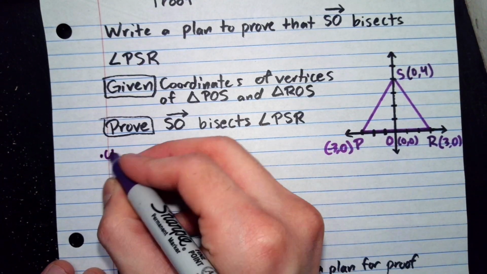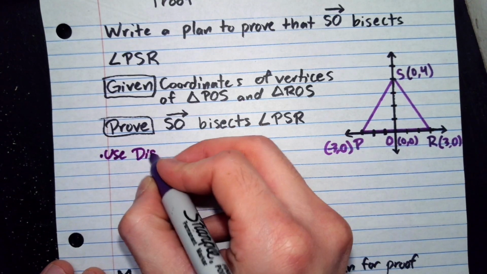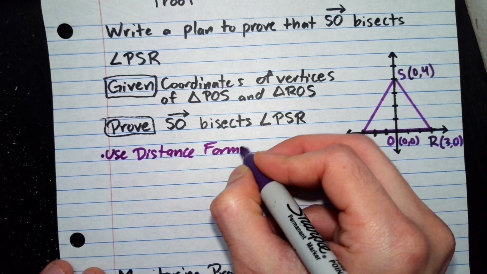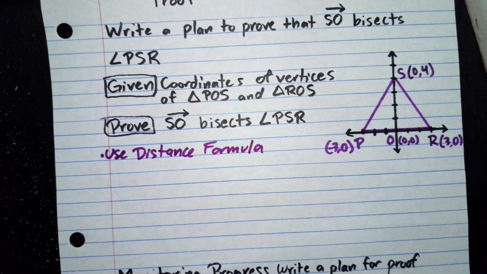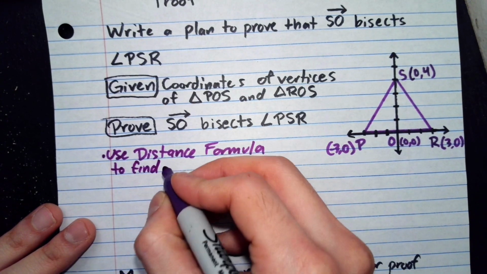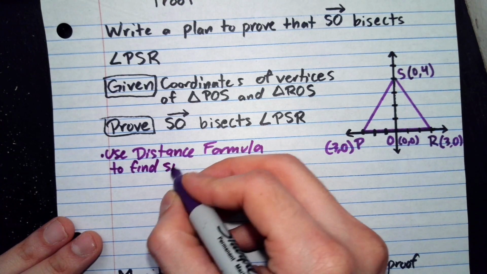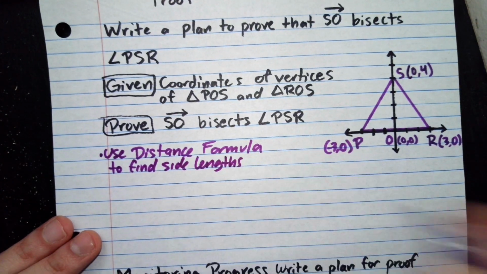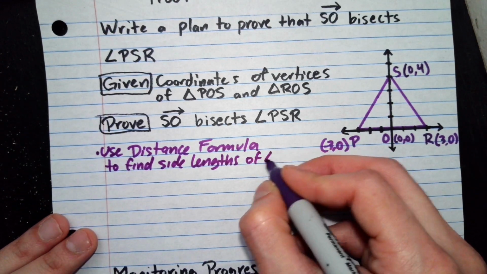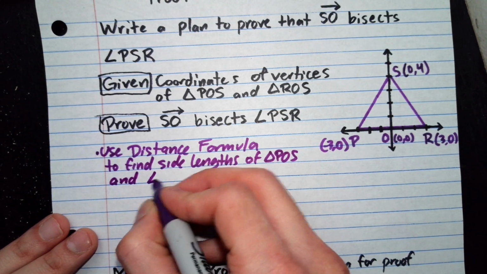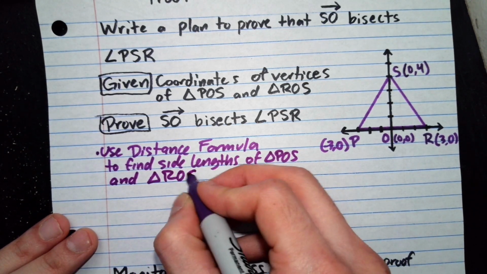So we're going to use the distance formula to find the side lengths of triangle POS and triangle ROS.